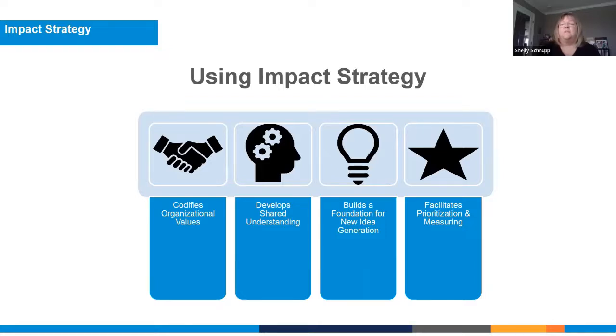But if they have an impact strategy, they have sort of a framework for how the organization thinks about what it does, why it does it, for whom, and what outcomes and impact we are working toward. In addition to that, it can really free people up to make and challenge decisions.